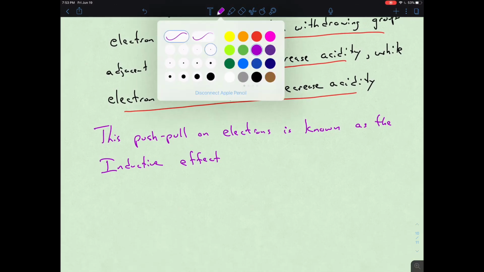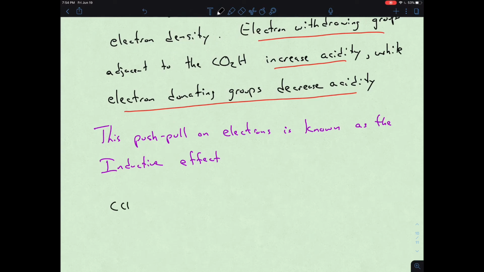So if we look at an example, if we just start looking at a chain of molecules here, where all I'm doing is changing the amount of chlorine on each molecule as we go, we find that our acidity increases from right to left.